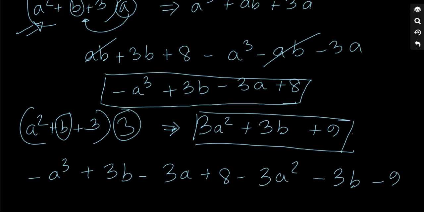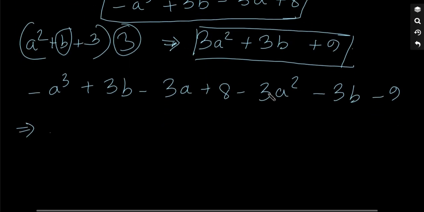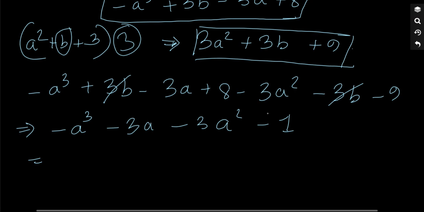Now 3b and 3b are out, and then we have minus 3a, and 8 minus 9 gives minus 1. So we have minus 3a squared, minus 3a, minus 1. Taking the minus 1 common, we get minus, open bracket, a cube plus 3a squared plus 3a plus 1.